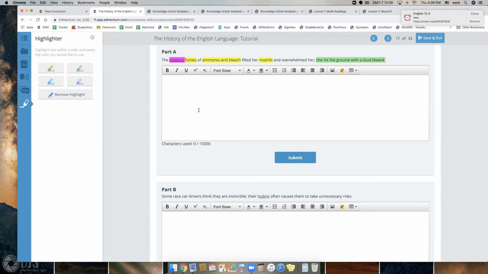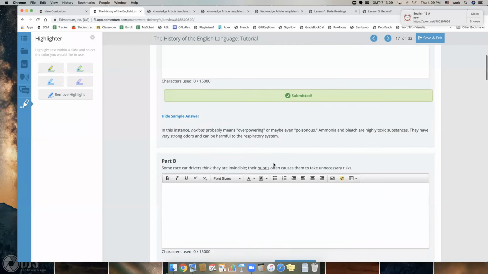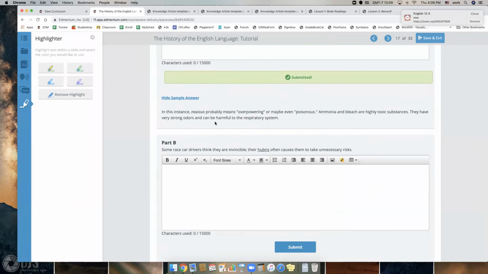And if you're familiar with ammonia and bleach, it's really bad. Here we get what the sample answer says: noxious probably means overpowering, maybe poisonous. They're highly toxic substances. Going through a sentence like that is how you can use the context around the word to help you.